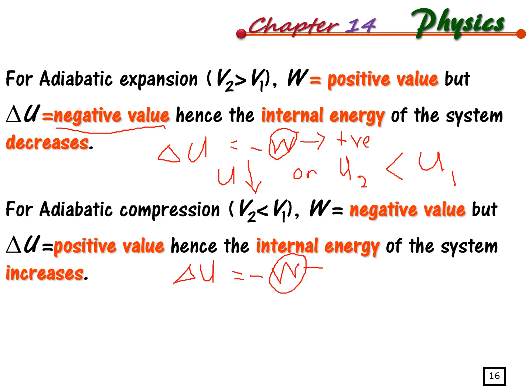So W is negative, and negative multiplied with negative, we get positive. It means that the change in the internal energy, delta U, is positive, meaning that U increases, or the final internal energy, that is U2, is greater than U1.